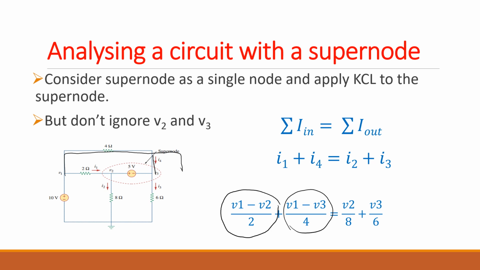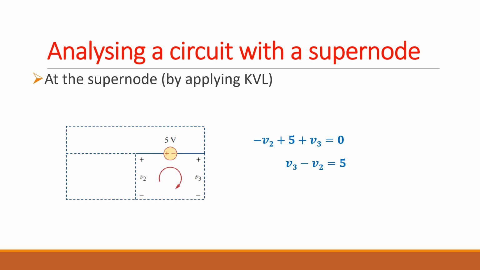And I2 is equal to V2 over 8, so this one branch. And I3 is V3 over 6. So we have those. We already discussed that. Then I explained how to get an equation for V2 and V3.